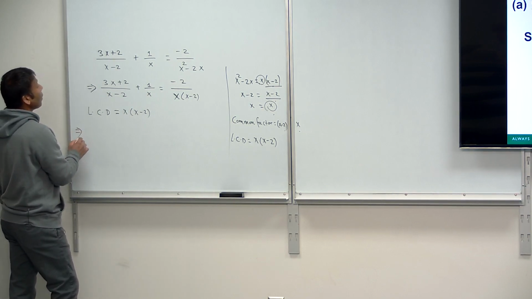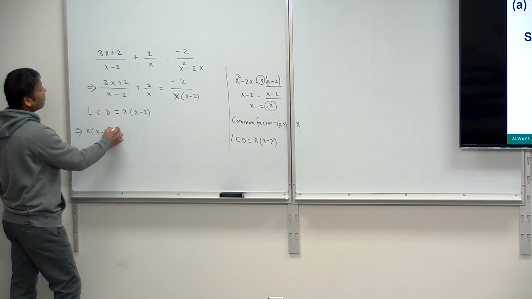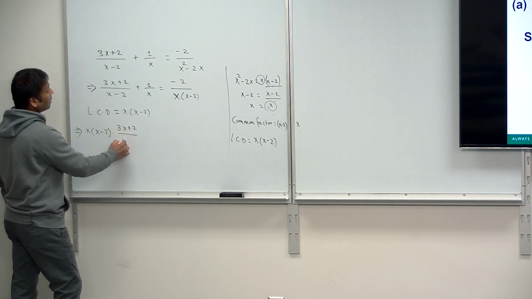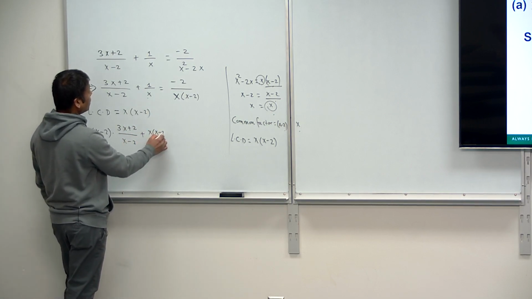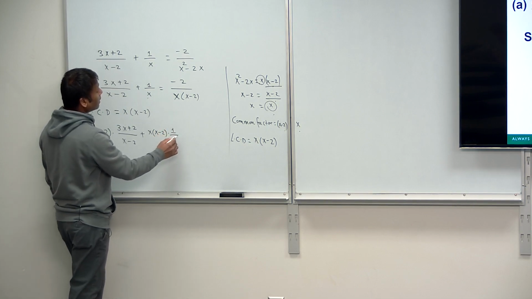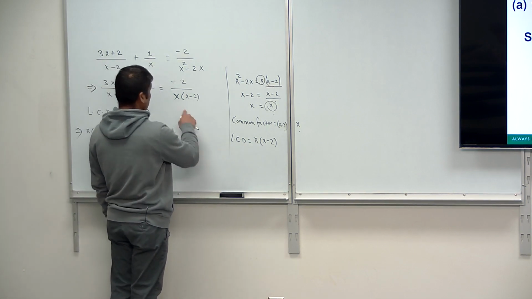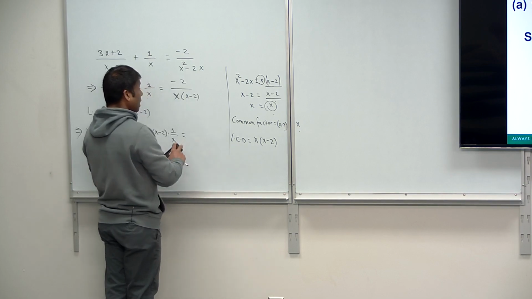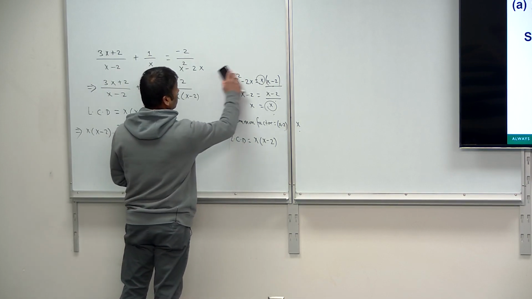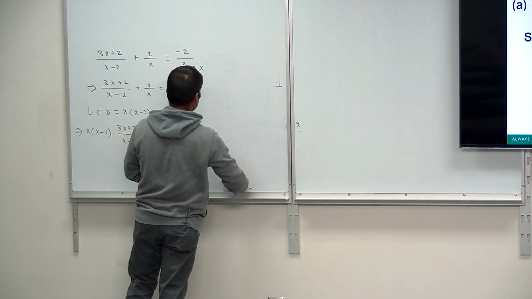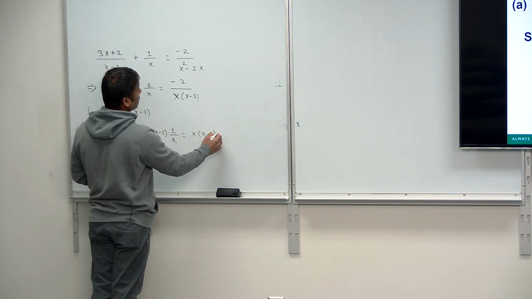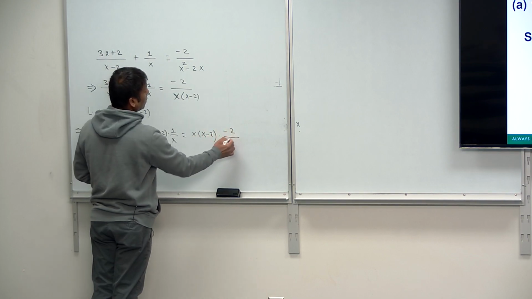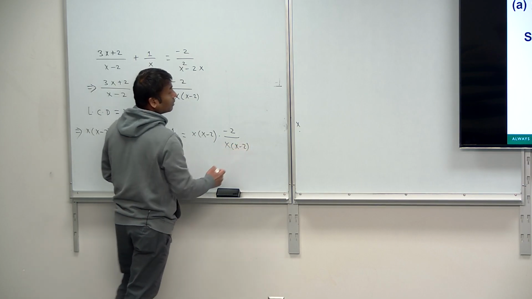So you multiply x times x minus 2 by 3x plus 2 over x minus 2, and you multiply x times x minus 2 by 1 over x, and this equals, you multiply the right-hand side by this LCD, so x times x minus 2 times negative 2 over x times x minus 2.